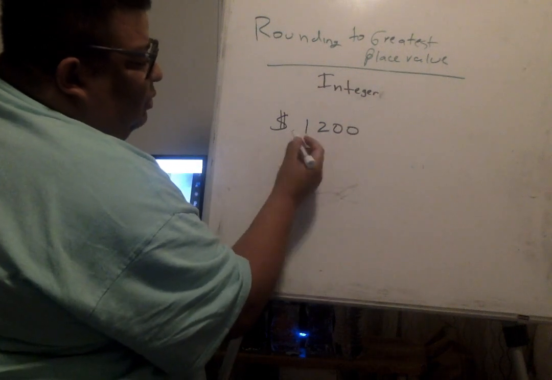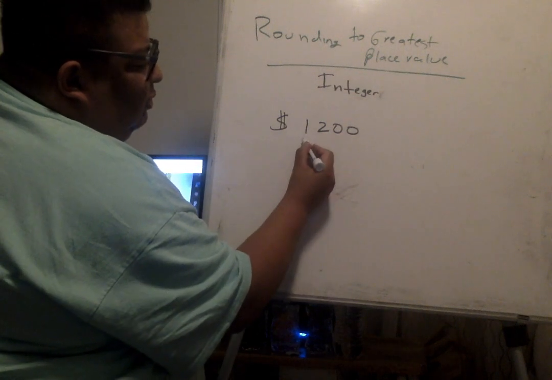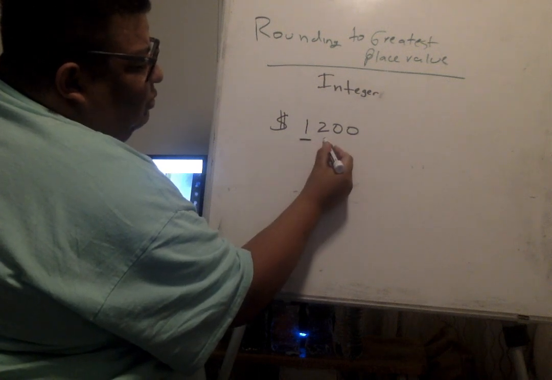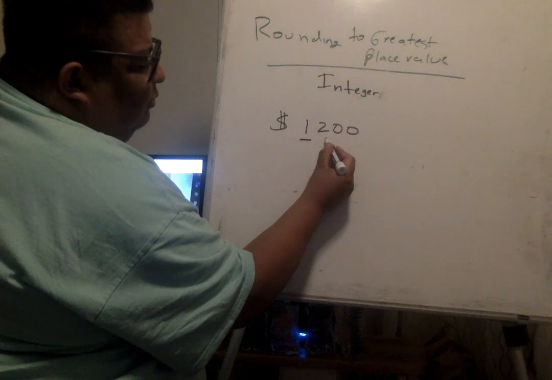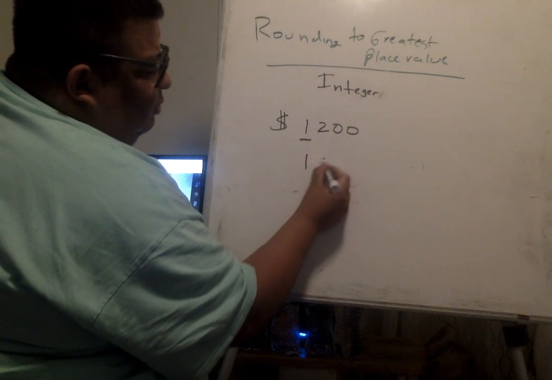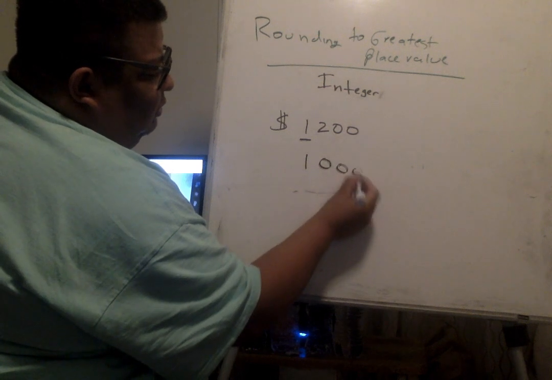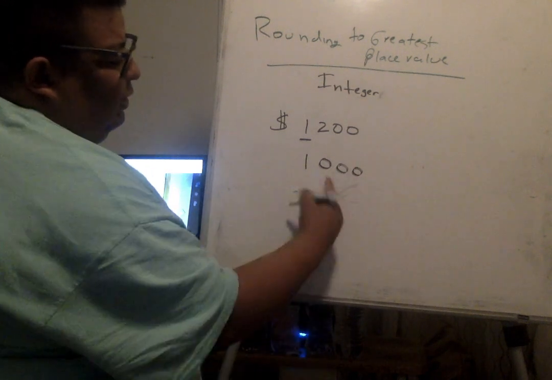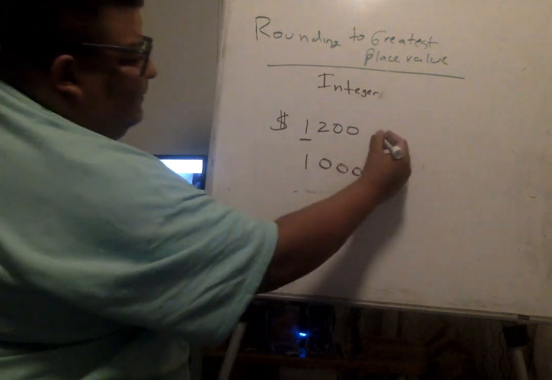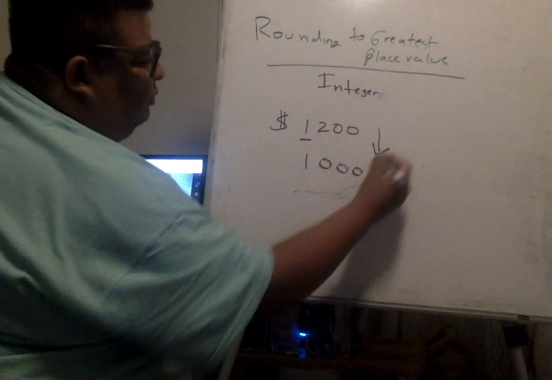So it's going to work basically the same way. The greatest place value is 1, and then you look at the next digit, 2. Is 2 5 or greater than 5? No. So what you do is you put a 1, and you make everything else a 0: 1,000. So this one we round down.